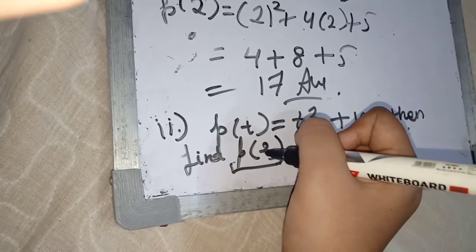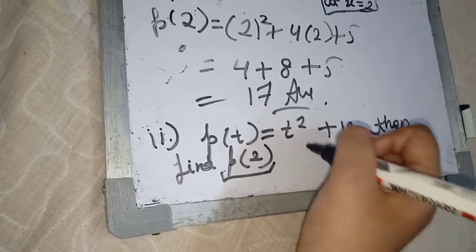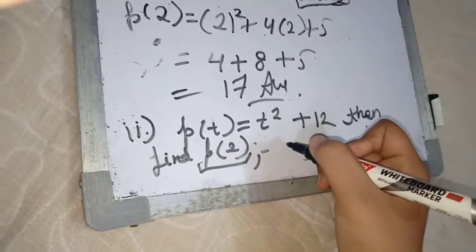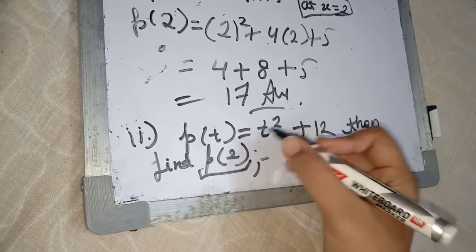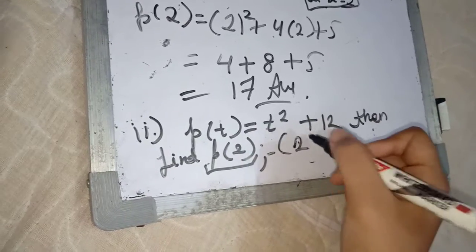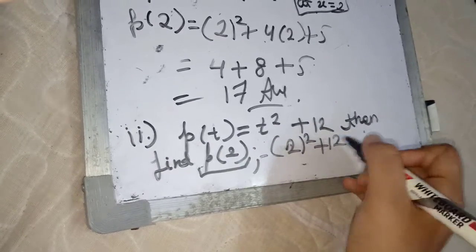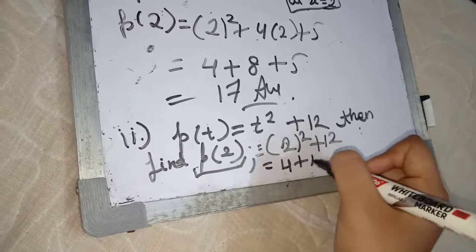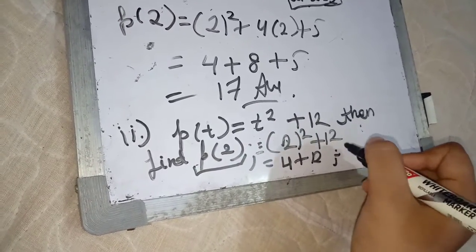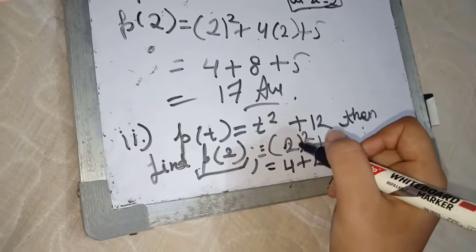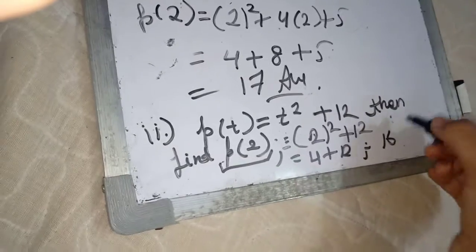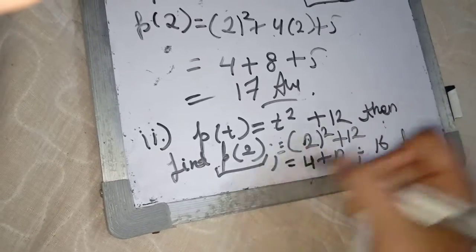So now we will place the 2 everywhere where t is. So now we will do 2 square plus 12 is equal to 4 plus 12. So the answer will be 16. 16 will be the answer.